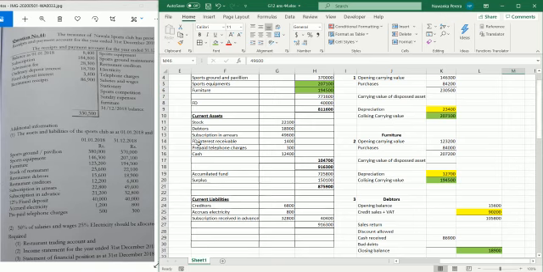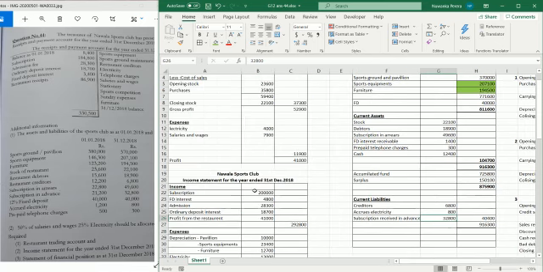Here I have recorded subscription in arrears 49,600 and subscription received in advance 32,800, and the total subscription income of 200,000 has been recorded under income in the income statement.